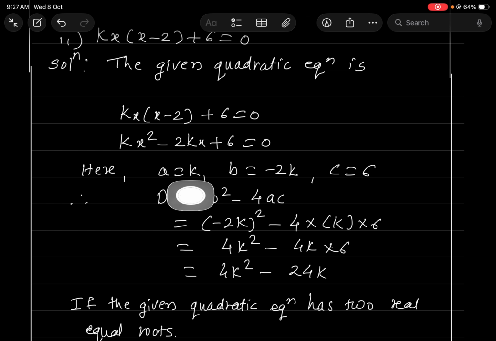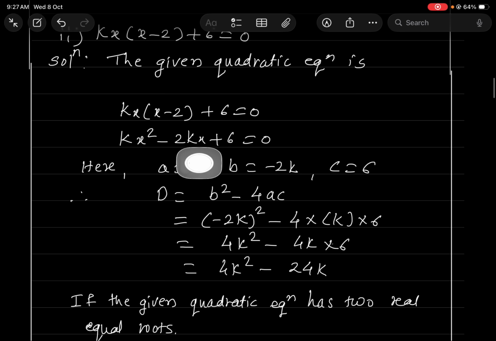Now this is a quadratic equation, kx square minus 2kx plus c equal to 0. So a equal to k, b equal to minus 2k. The variable is x, so the coefficient of x is minus 2k, and c equal to 6.